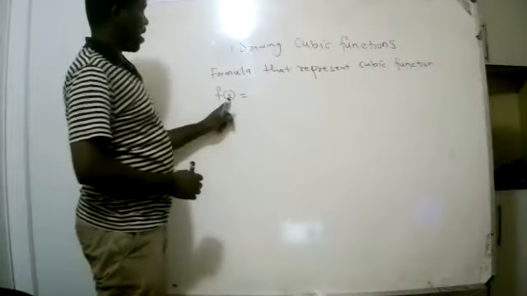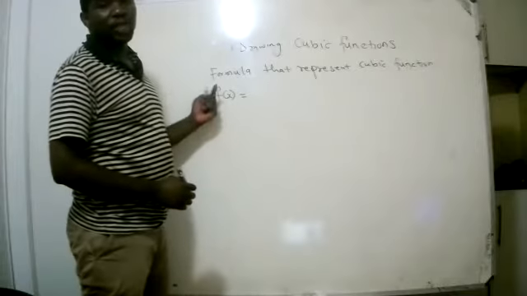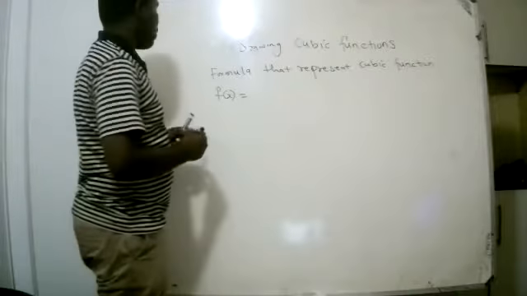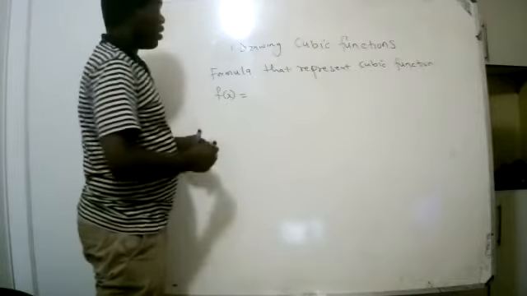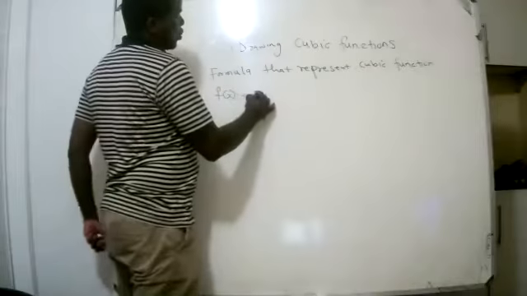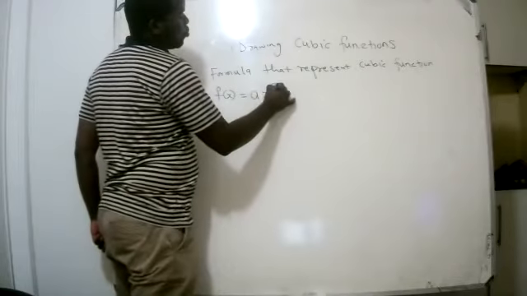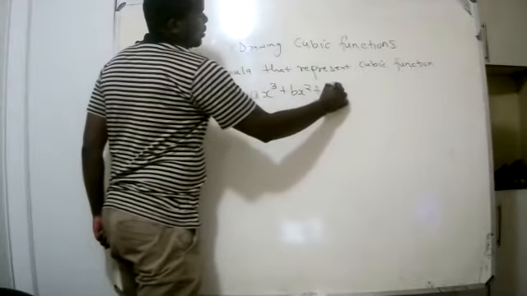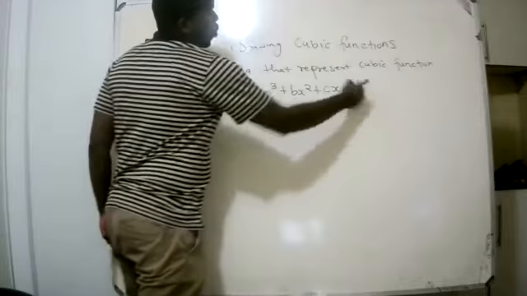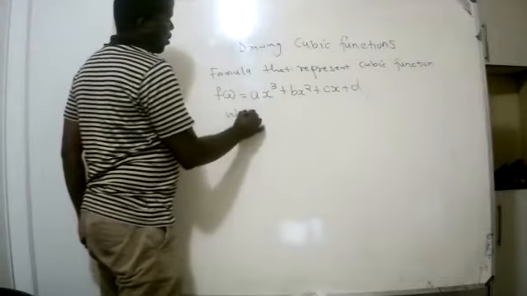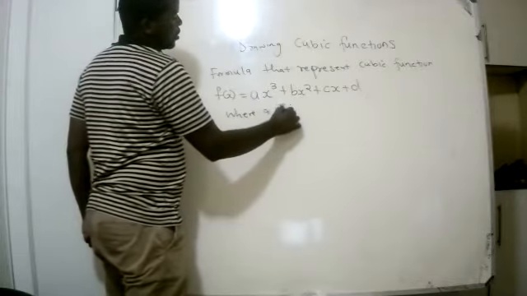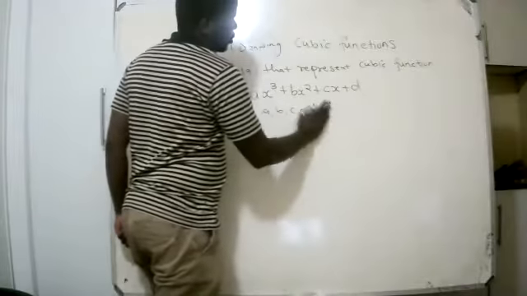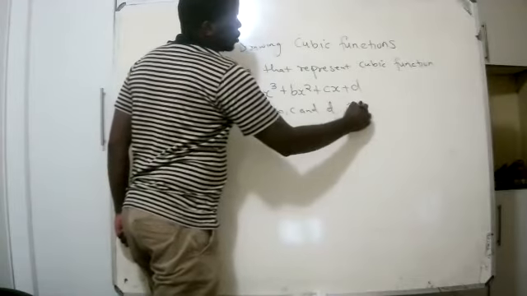So it's f of x. This is a function which you can replace by g of x, h of x, but the most popular one they use is f of x. f of x is equal to ax cubed plus bx squared plus cx plus d, where a, b, c, and d are all constants.